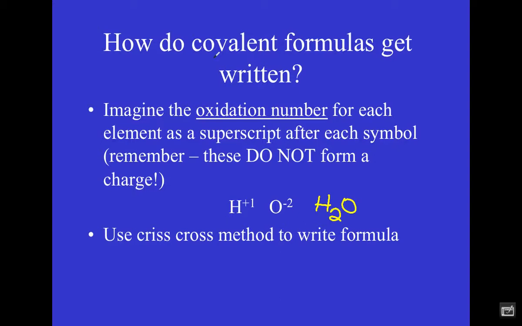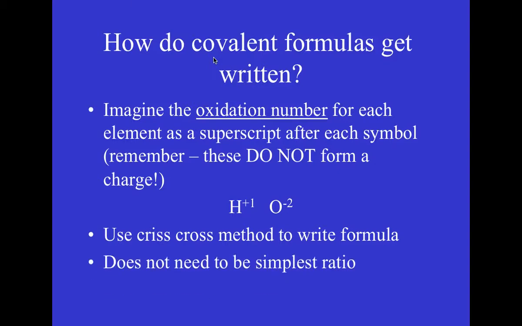Now, unlike in ionic compounds, it does not have to be the simplest ratio. So for instance, if I have carbon with a +4 oxidation number and oxygen with a -2, when I crisscross that, I would do C2O4, and I could leave it like that.